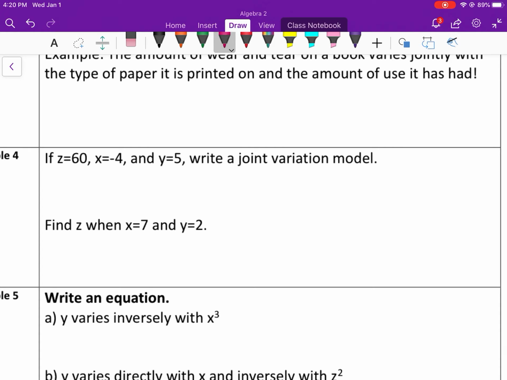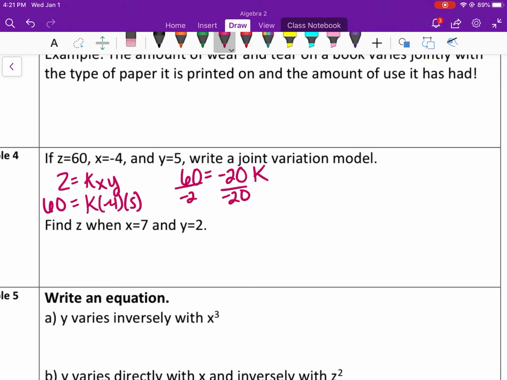If I say write a joint variation model and I give you an x, y, and z, I want you to solve for the constant of variation and then use that to write the model. So first you start with z equals k times x times y. Plug in what was given. So k times negative 4 times 5. So that's 60 equals negative 4 times 5 is 20.